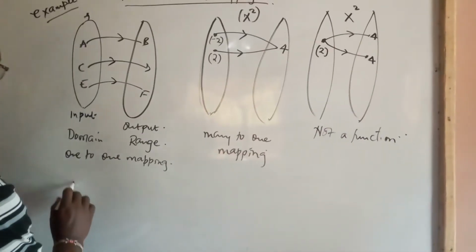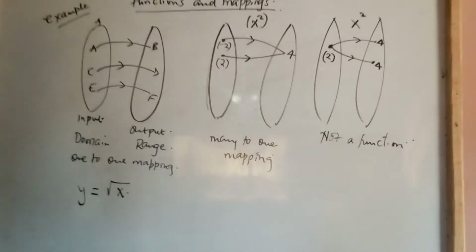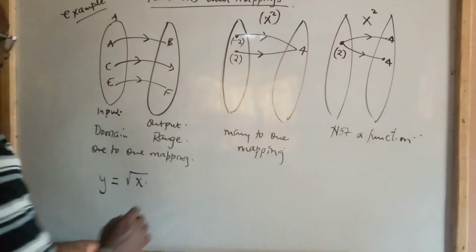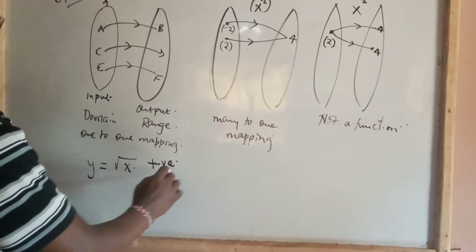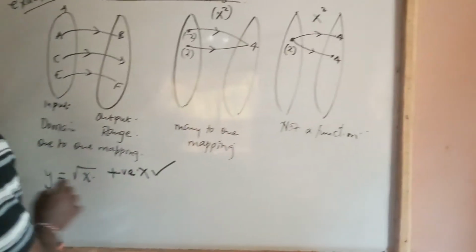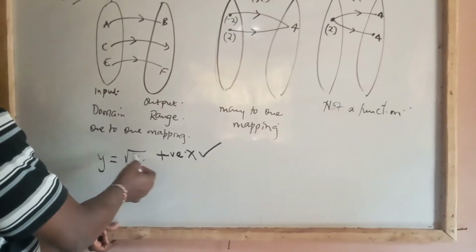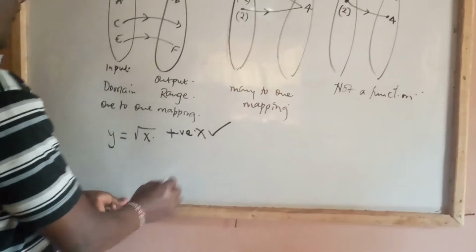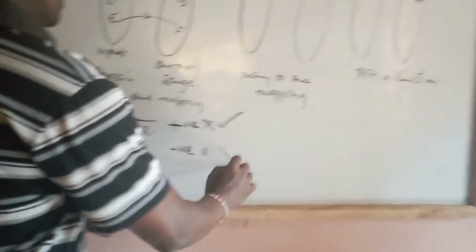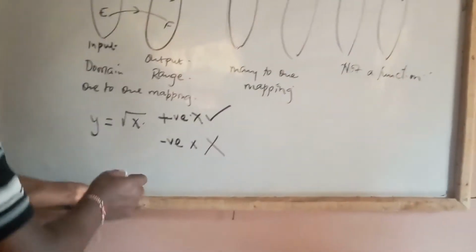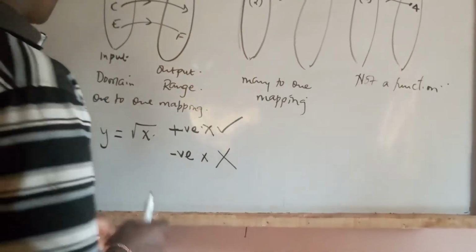When you consider y equals the root of x, all positive values of x will give you a specific value of y, because we have a square root of all positive numbers. But when we have negative x, we do not have the value of y, because we do not have the square root of negative numbers.